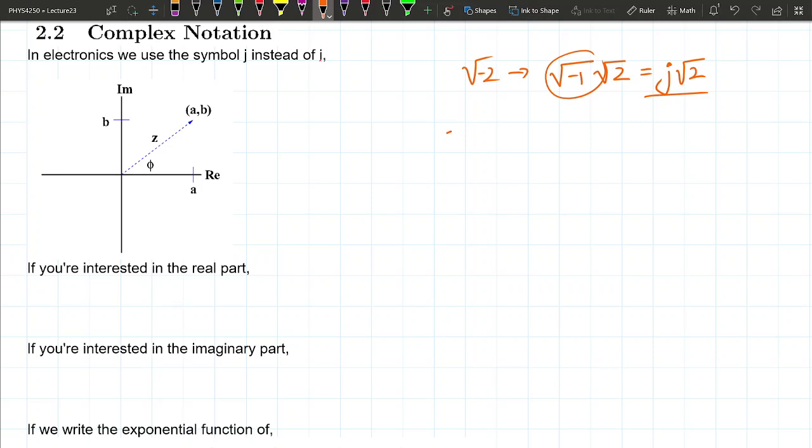What you can do is combine this with a real number, and typically they use the letter Z for it, where let's say you have a number 3 plus j square root of 2. What the heck does that mean? This is the real part of the complex number. This is the imaginary part. It's just a mathematical tool, so then we can multiply, divide, differentiate and integrate trig functions very easily.